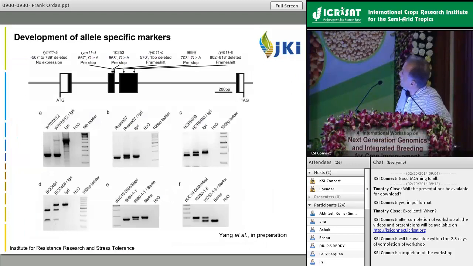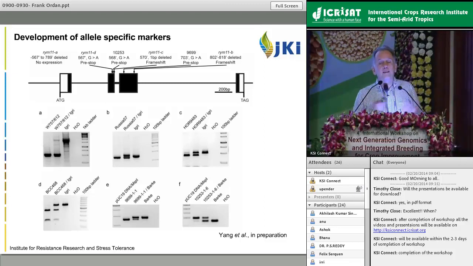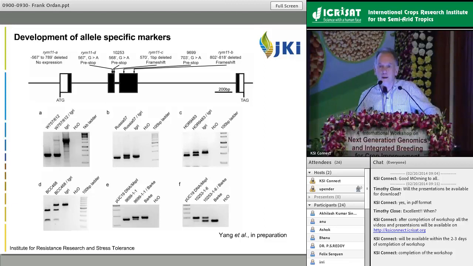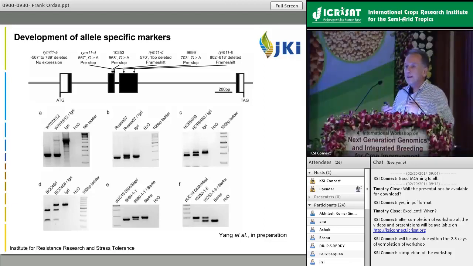Besides this, he identified 2 additional alleles in the EMS mutant collection, and in the next step he developed allele-specific markers for these alleles. As we had already done allele mining for the RYM4/RYM5 locus as well, and around 10 alleles of this locus were detected, these alleles can now be combined efficiently by these markers.